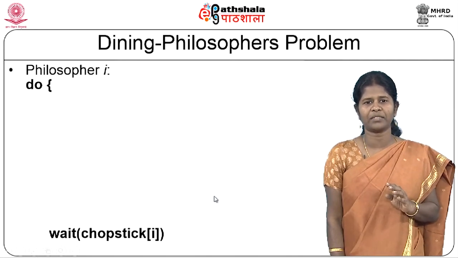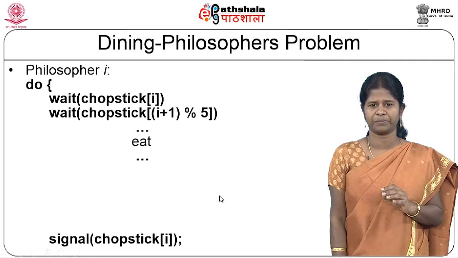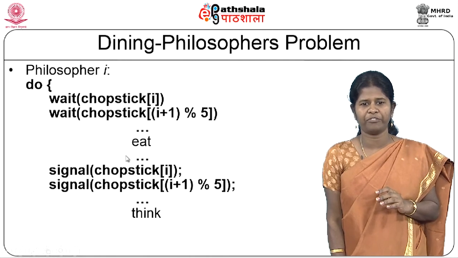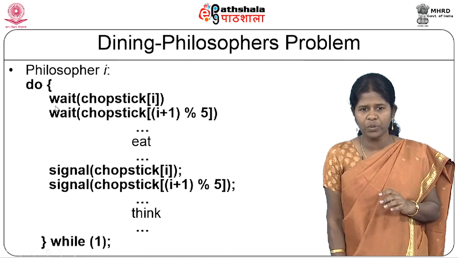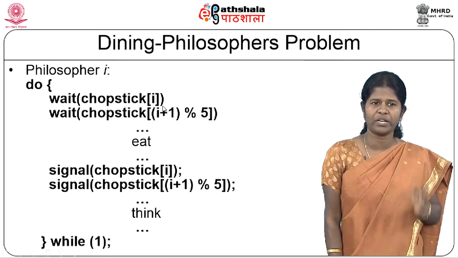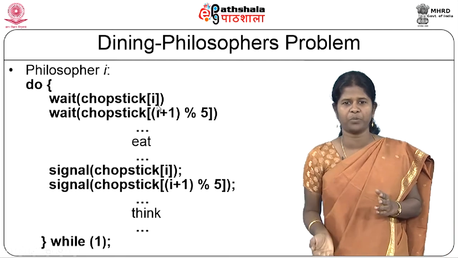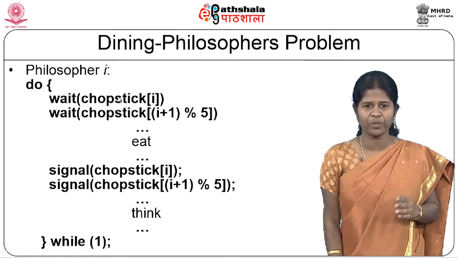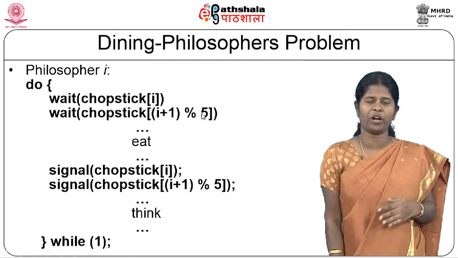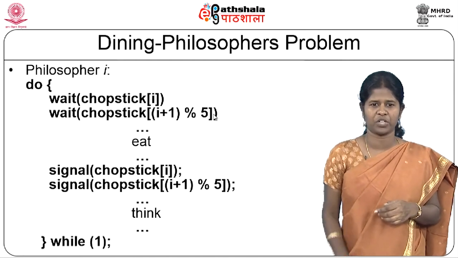So, the algorithm for any philosopher will look something like this. Before dining, the philosopher will have to wait on the leftmost chopstick, and then wait on the rightmost chopstick. So, wait on chopstick of I, then chopstick of I plus 1 mod 5, because there are only 5 chopsticks.